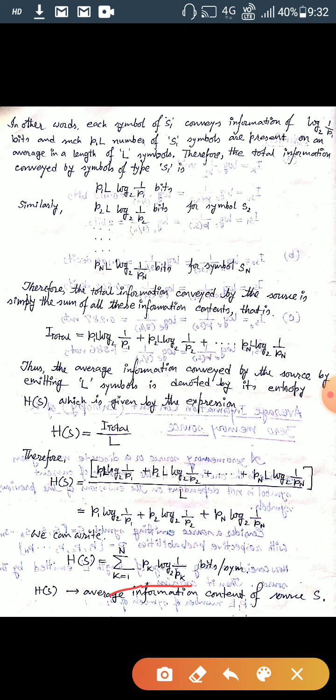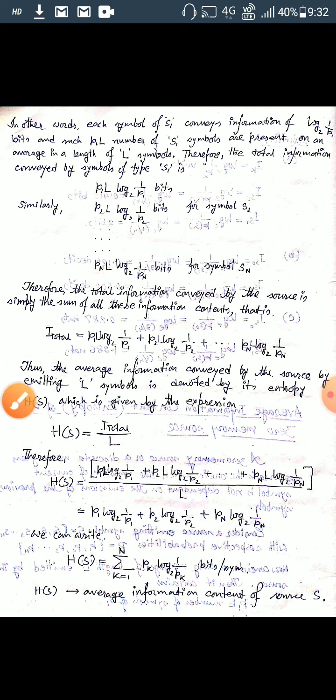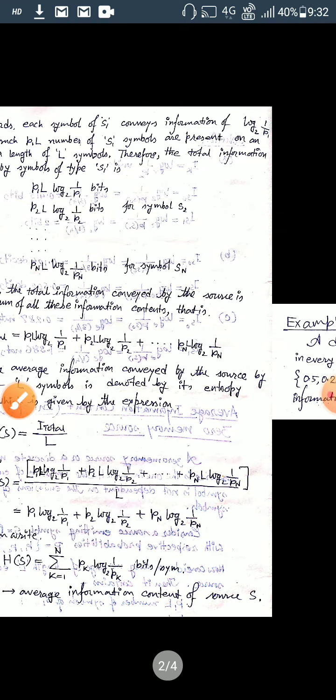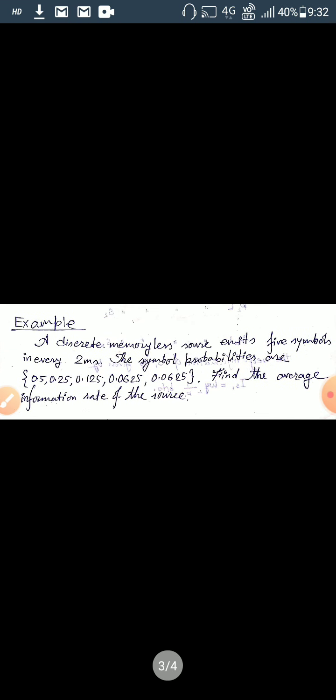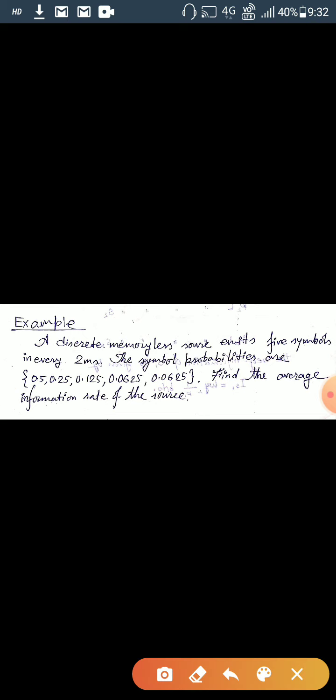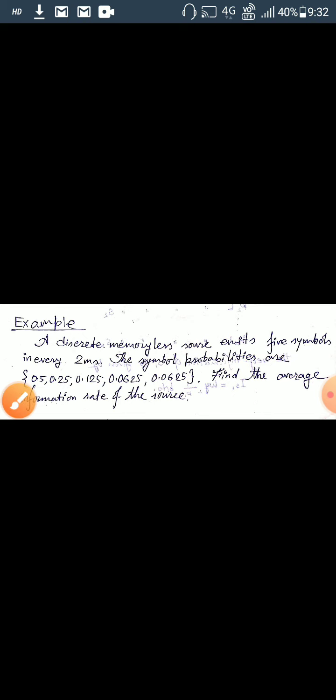Now let's take an example, by which this explanation will be a little more effective for you. Let there be an example where a discrete memoryless source emits 5 symbols, at an interval of 2 millisecond per symbol.